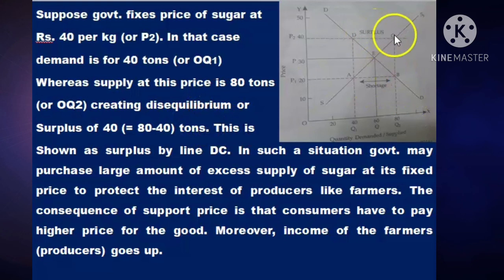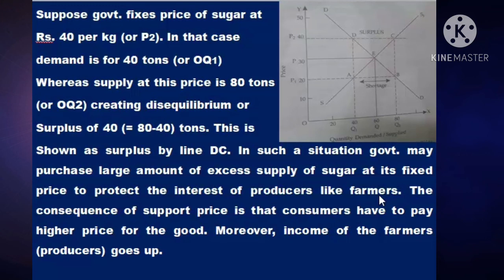In such a situation, the government may purchase the larger amount of excess supply of sugar at its fixed price to protect the interest of producers like farmers. At this stage, the government will buy the products from the farmers, to assist and help them, and sometimes distribute them through the public distribution system or ration shops.